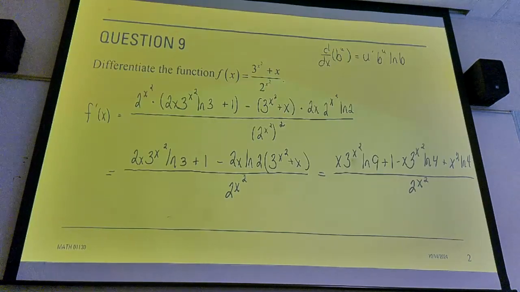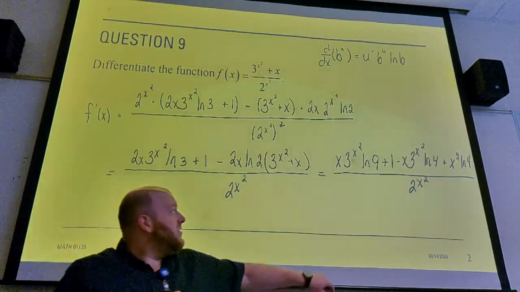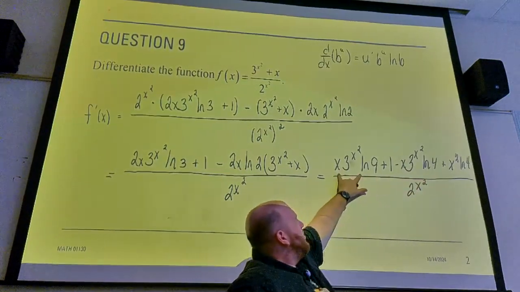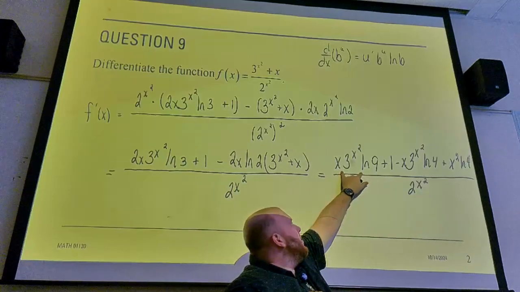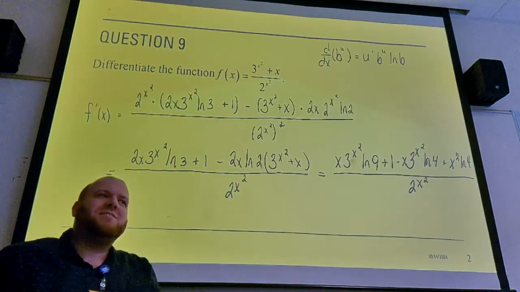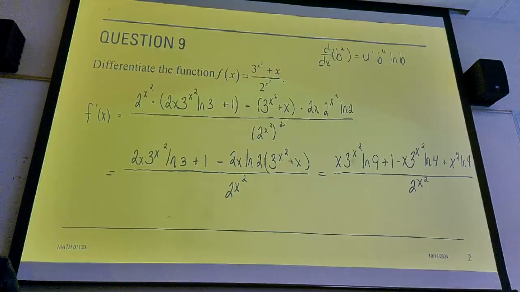There is another simplification that could be made. Common x to the 3x squared. Could factor out, leave with log of 9 minus log of 4, which would be log of 9/4. But then that looks like a compound fraction. So is that a simplification I really want to make? Personally, no, I don't.